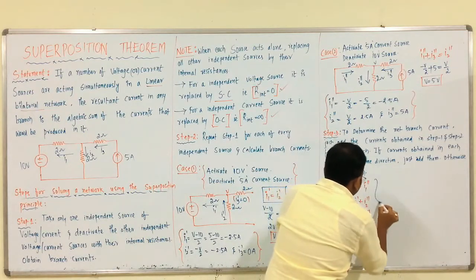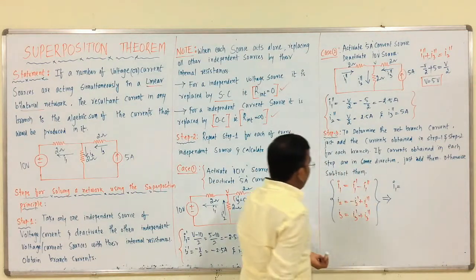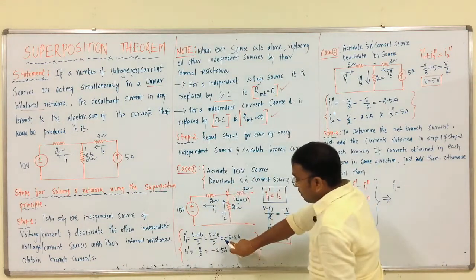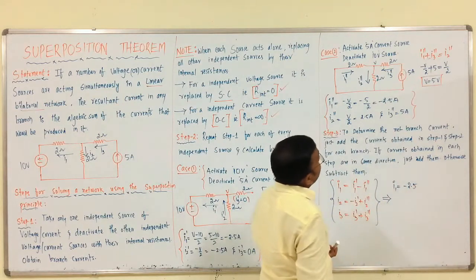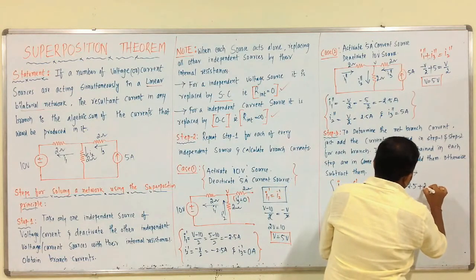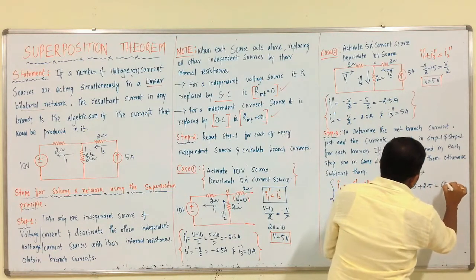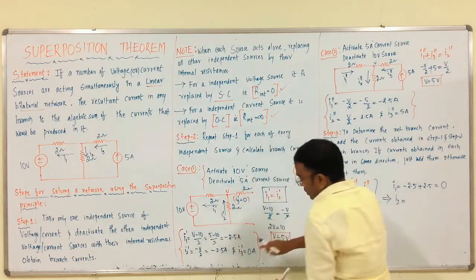So, from this, I1 is what? See, I1 dash is minus 2.5, and I1 double dash again minus 2.5, minus minus plus, that is 2.5, which equals 0. Like that, I2 equals what?